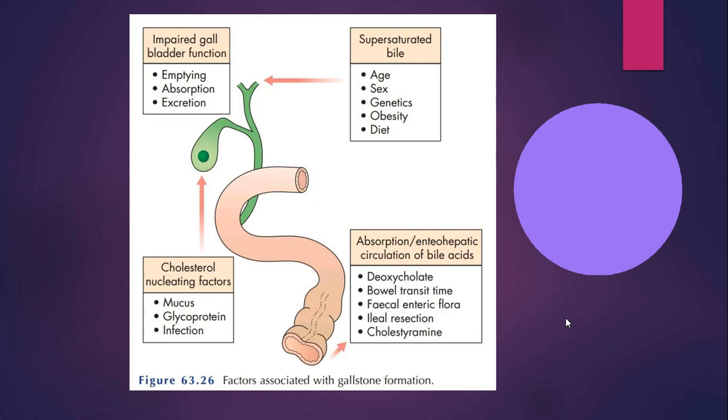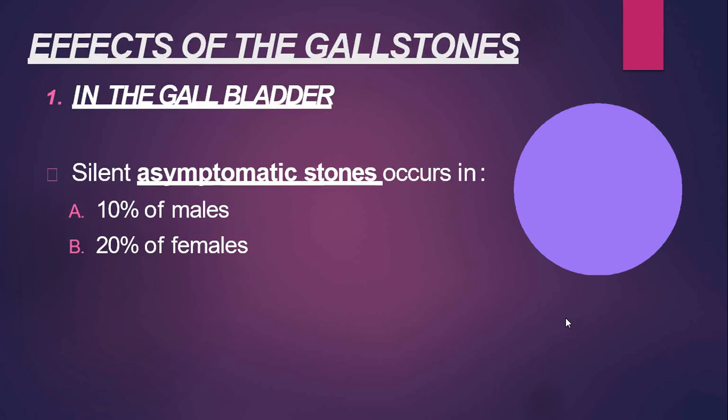Cholesterol nucleating factors include mucus, glycoprotein, and infection. Absorption, the enterohepatic circulation of bile acids, is a problem. Deoxycholate, bowel transit time is high, fecal enteric flora is not there. There is an ileal resection, which is known as short gut syndrome, and in short gut syndrome there is malabsorption, and cholestyramine.